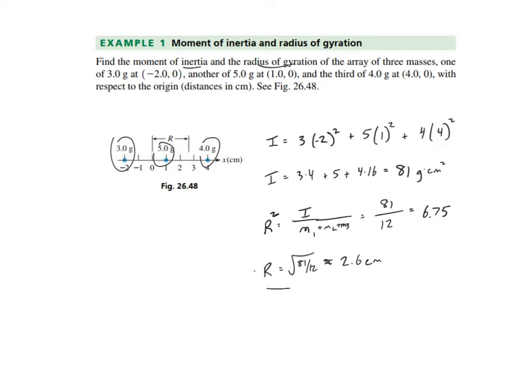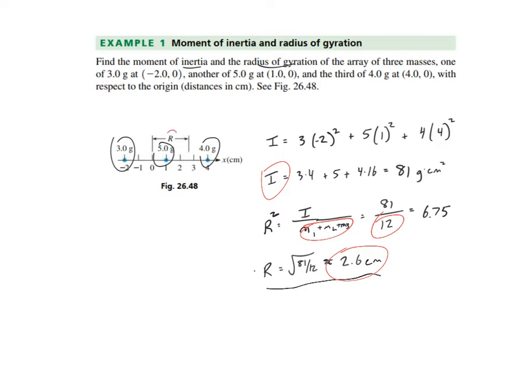All right, so what did we just find there with the radius of gyration? What that means is that if I have a total mass of 12 grams, mass 1, mass 2, mass 3 together, a total 12-gram mass 2.6 centimeters away from my axis of rotation, that has the same moment of inertia as this system with 3 different masses.